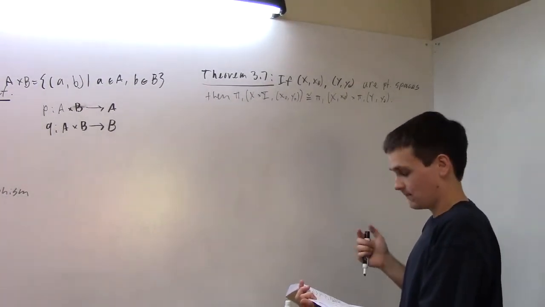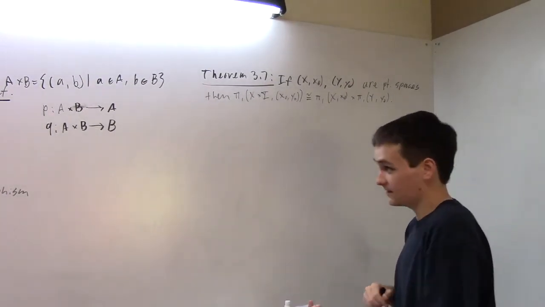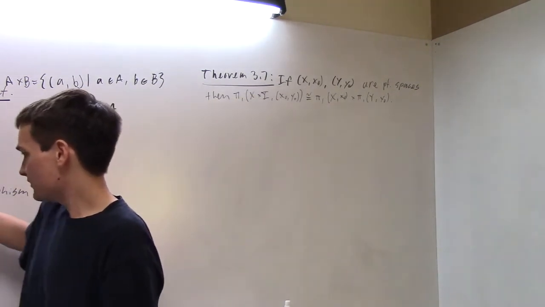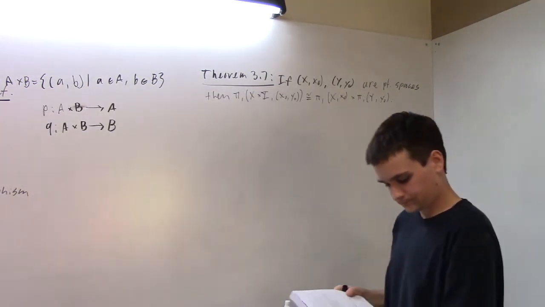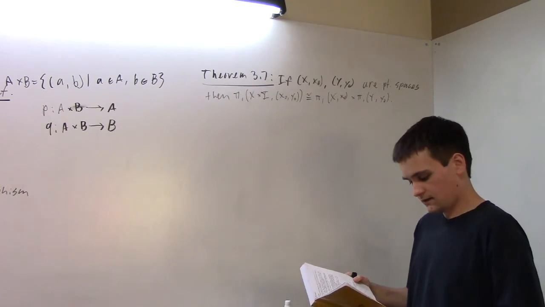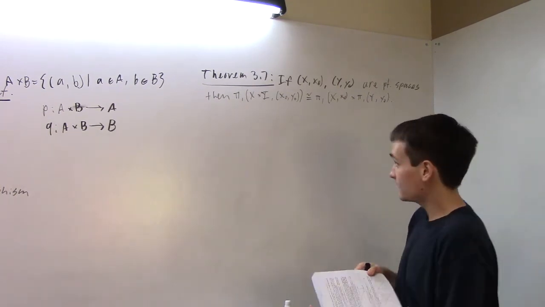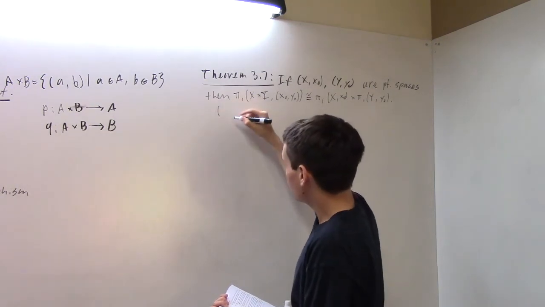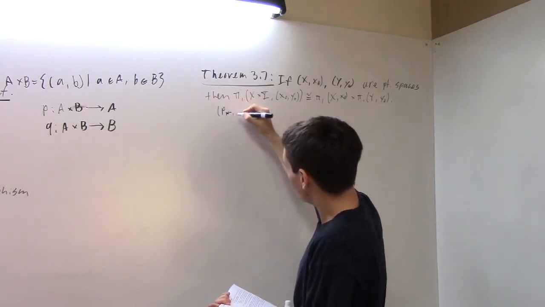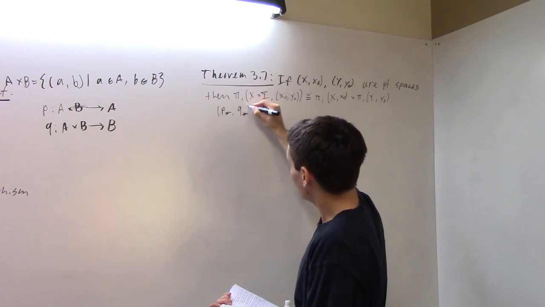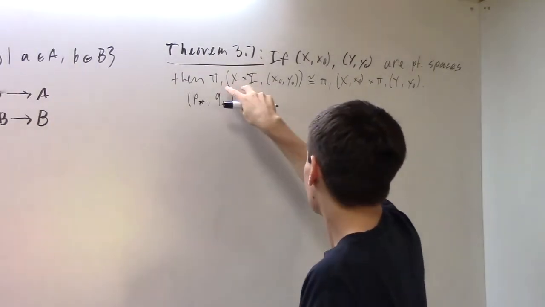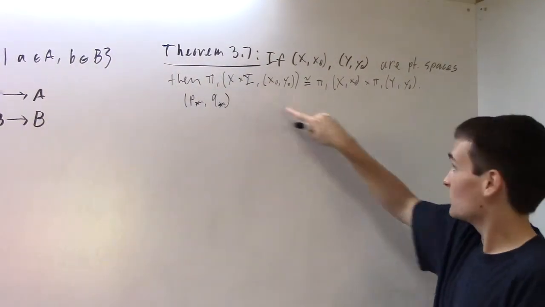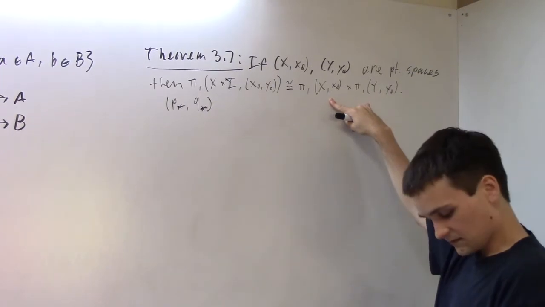Prove this here. We use P and Q, these projections, right? And essentially what we want to show is that this map here is an isomorphism between these two spaces.